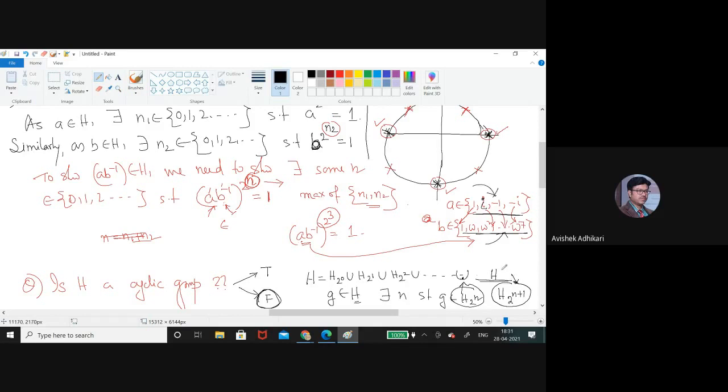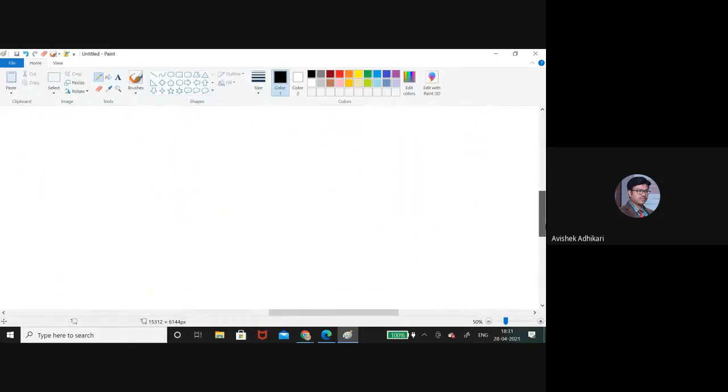So as a result, you cannot say that H is a cyclic group. So what we get? We get S1 as an infinite group.